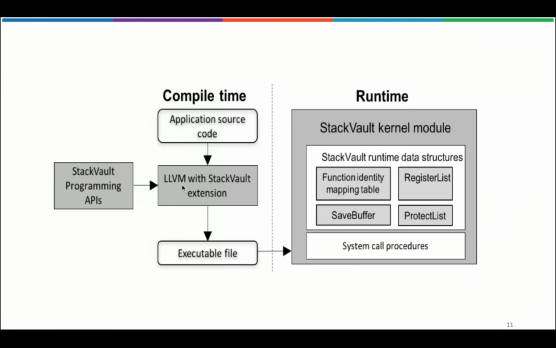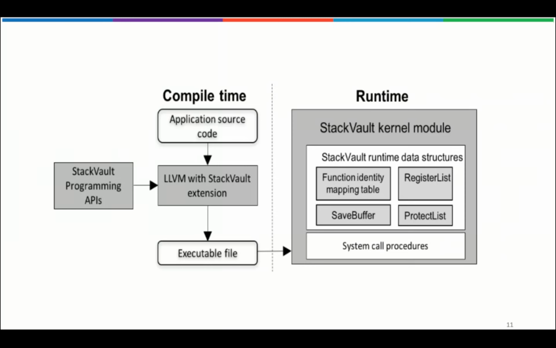StackVault programming APIs allow you to instrument the application source code, and it can be instrumented automatically. We haven't built the complete toolkit to do it automatically, but it can be done with not much effort.